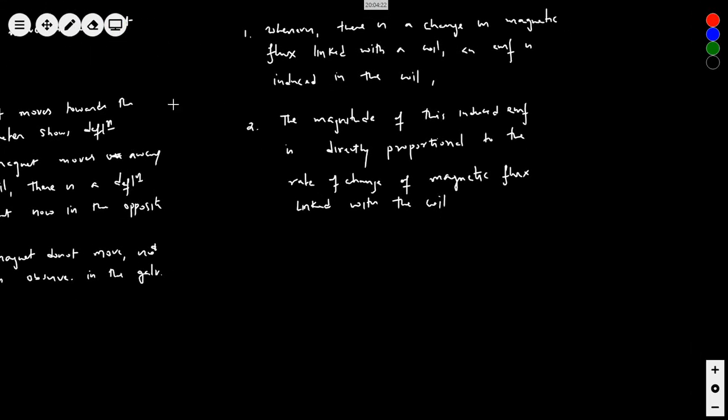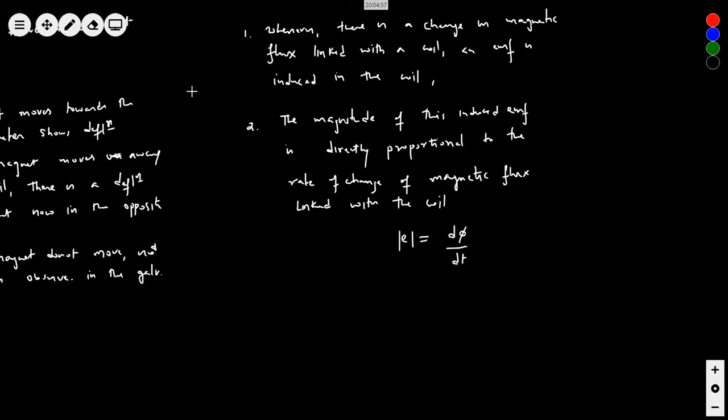So he has written it like this: E magnitude is equal to d phi by dt. I said proportional, but you see I'm writing equal. No problem, because the constant is taken as unity. Got it? These are called the laws of electromagnetic induction. Remember, I have written magnitude. There is actually a minus sign, which we will see now.